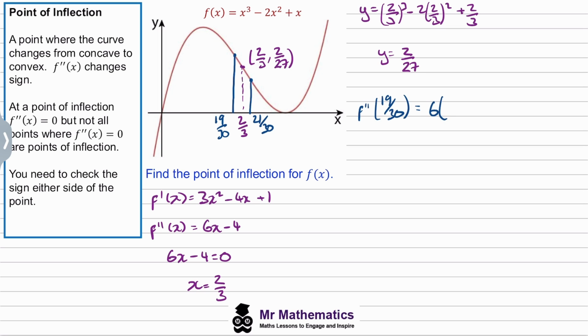So we've got 6 lots of 19/30 minus 4, which works out as negative 0.2. Then we'll substitute in the 21/30, and we get positive 0.2. So because there's a change in sign either side of a point, and at the point the second derivative equals 0, this is a point of inflection where it changes from concave to convex.